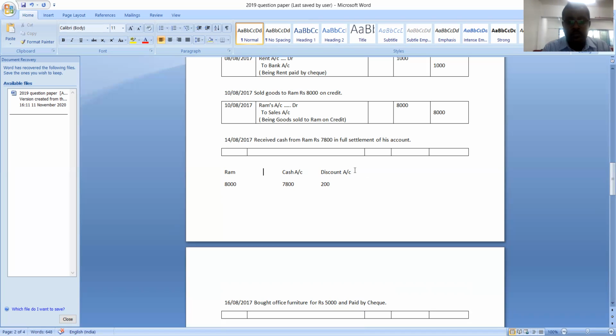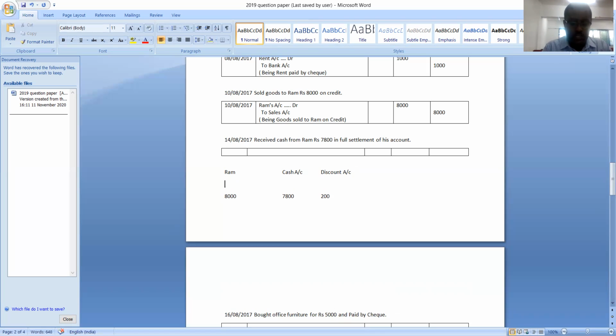Okay, fine. Now Ram's account is which account? It is a personal account. The cash account is a real account. The discount account is a nominal account. In this particular transaction, you are finding all three types of accounts: personal account, real account, and nominal account.